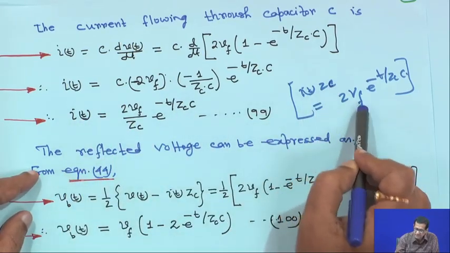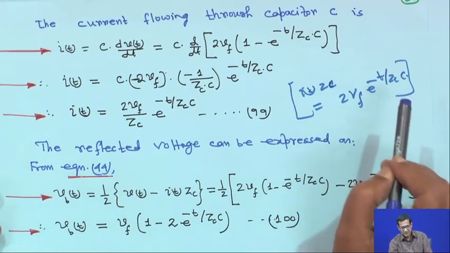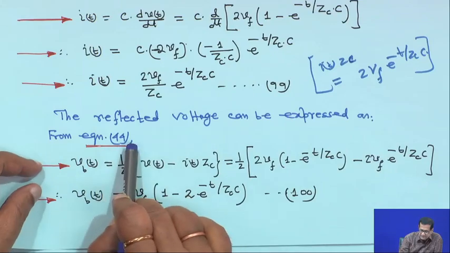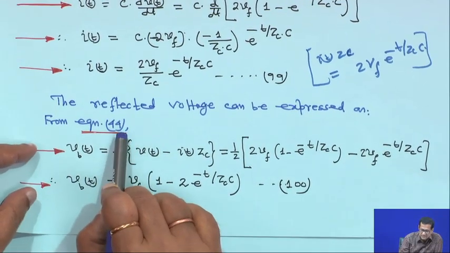So Zc into It is equal to 2Vf e to the power minus t upon Zc into C. That means from equation 44 the reflected voltage can be expressed, which we have seen, so I am not showing it again and again.